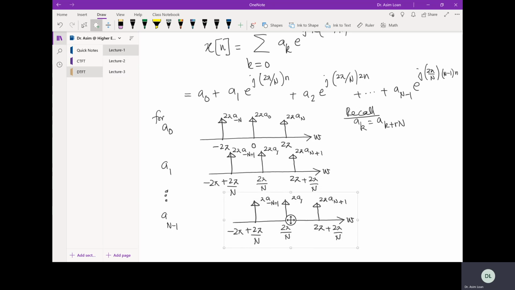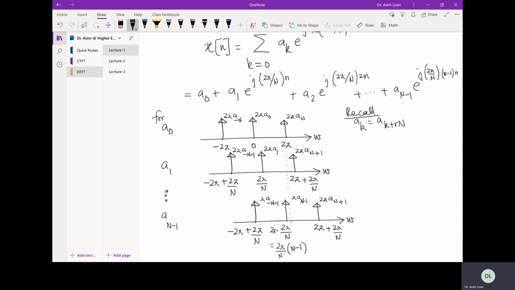Okay. So this is a of n minus 1. So this is exactly less than this 2 pi, right? So this is 2 pi minus 2 pi by n, because if you do that, this will be equal to 2 pi over n into n minus 1.